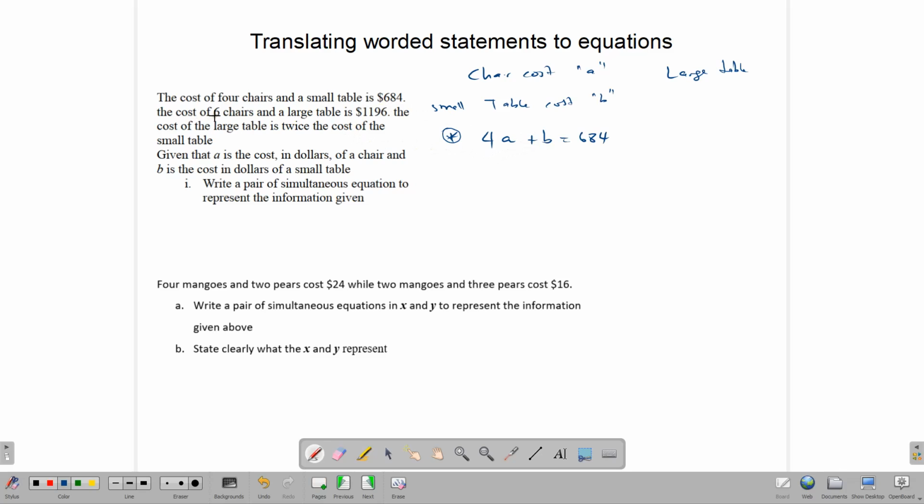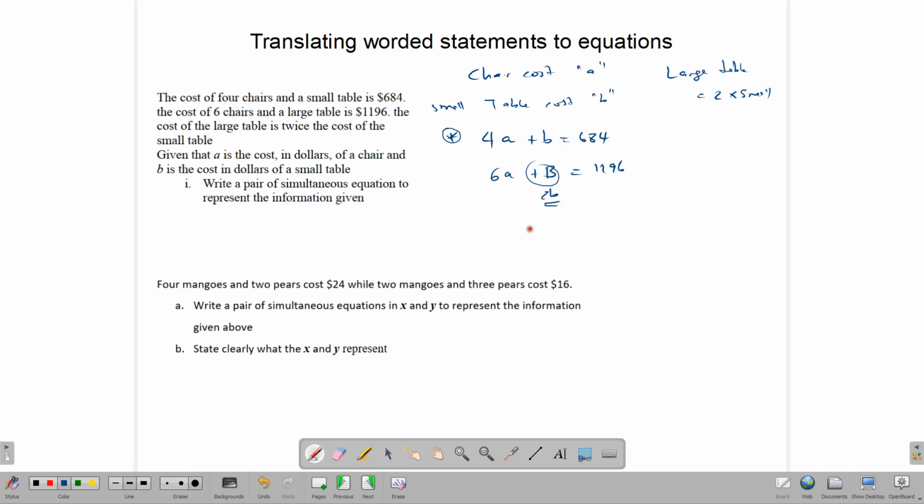And then the cost of 6 chairs, that's 6A, and a large table is 1196. So plus large table, let's use a big B. But we're told that a large table is equal to 2 times the cost of a small table. So we can change this big letter B and replace it with 2B.